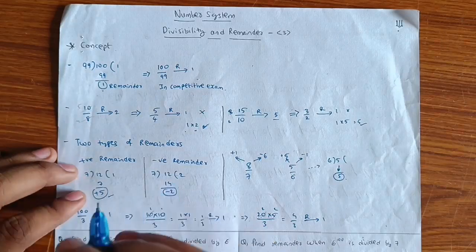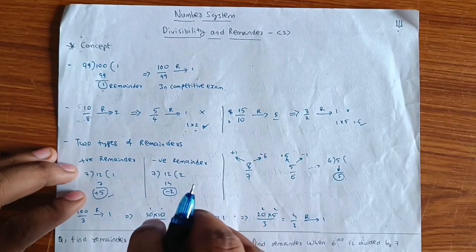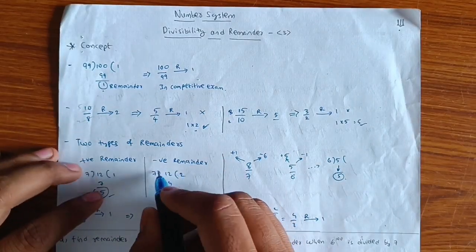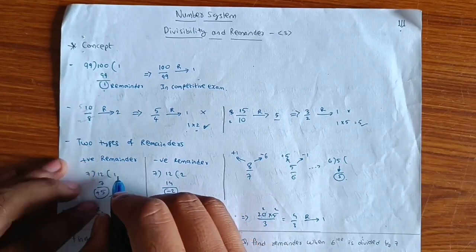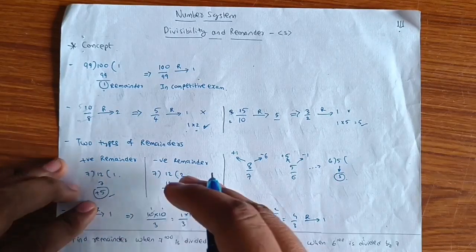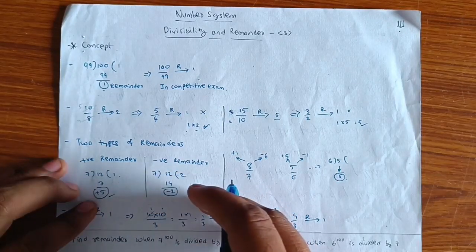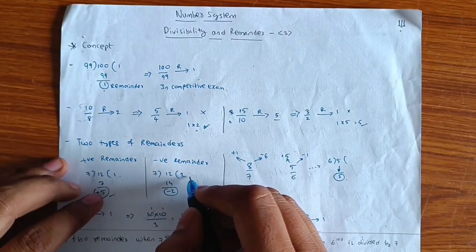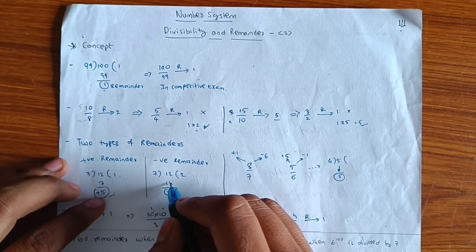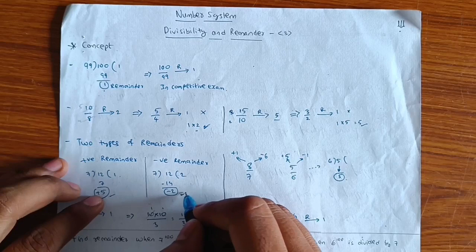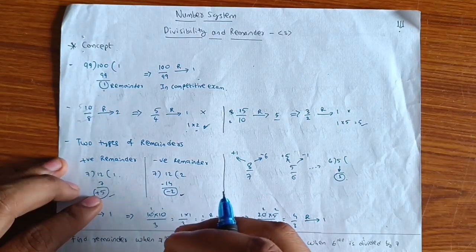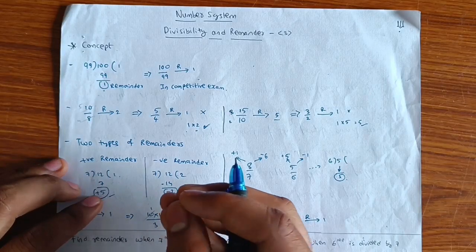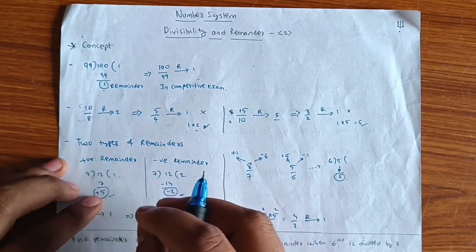For the negative remainder, when 12 is divided by 7, suppose you take the upper quotient, let it be 2. 7 times 2 is 14, so when you subtract, you get minus 2 as the negative remainder. Negative remainder means you get the value of the remainder in negative values.